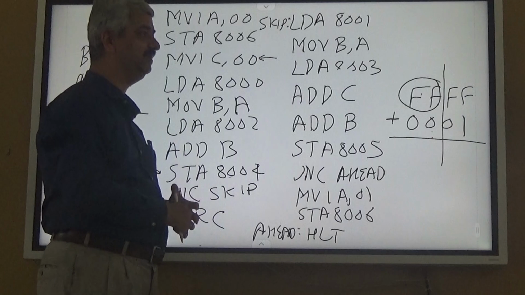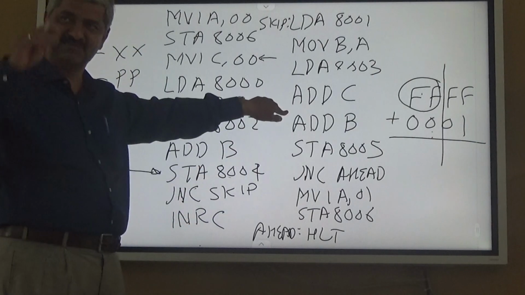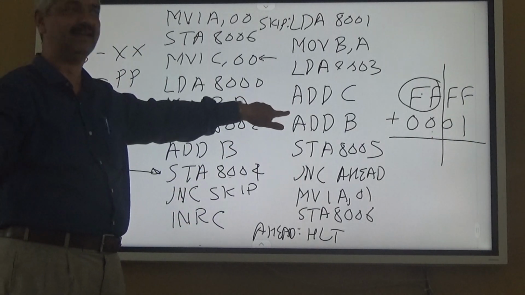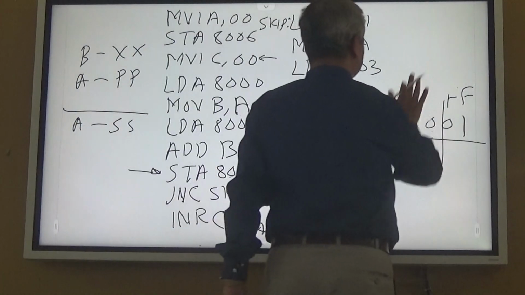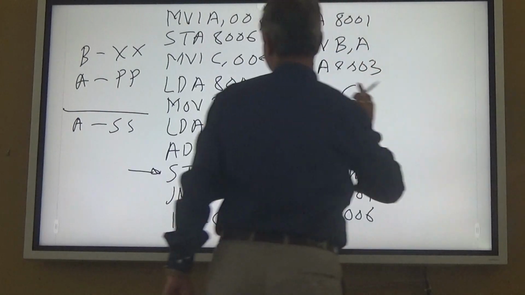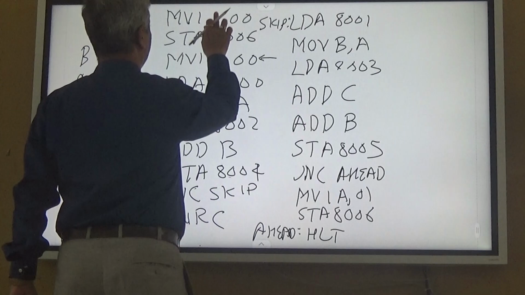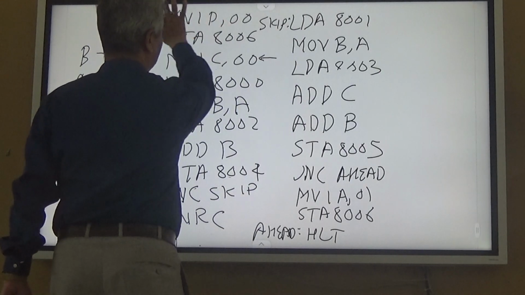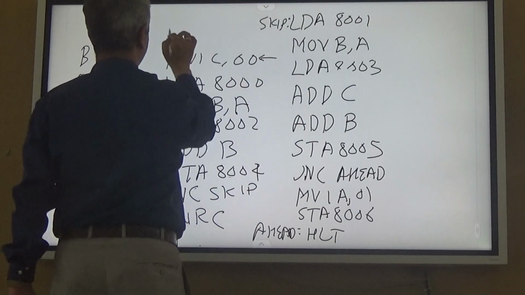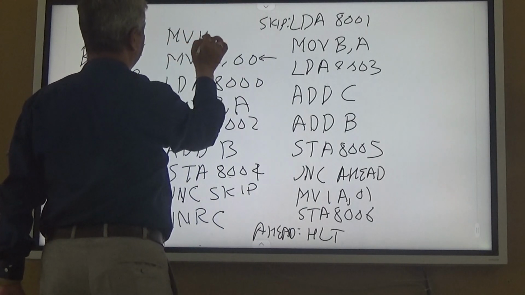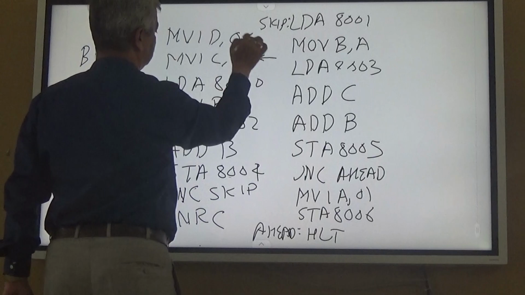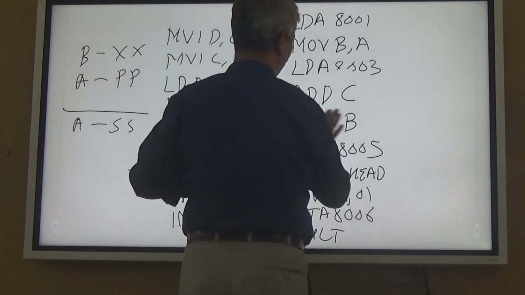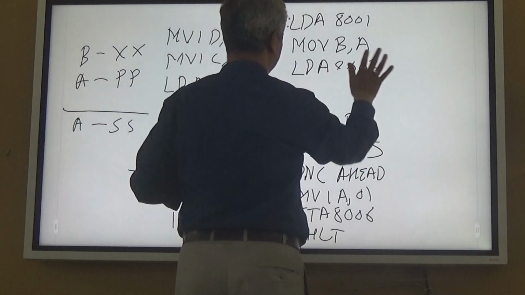So what we should do is after every addition, irrespective of sequence you follow, you need to check for carry flag. So instead of storing it, I just put MVI D, 00. I remove the earlier step. Now let me try to understand. MVI D, 00.